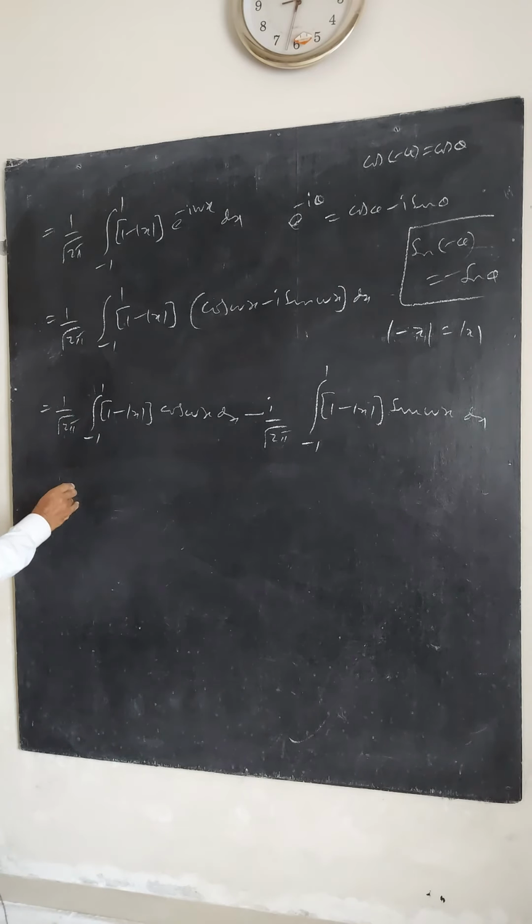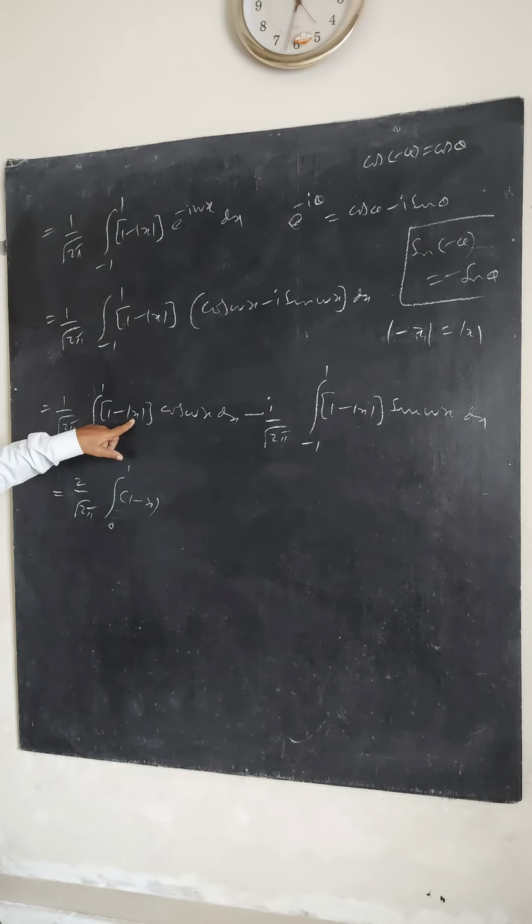This is an even function: 2 by root of 2 pi, integral 0 to 1, 1 minus x. Whenever we are using an even function, modulus of x simply changes into x. There is no work for modulus of x when we apply the even function, twice 0 to 1. Modulus of x is changed into simple x.